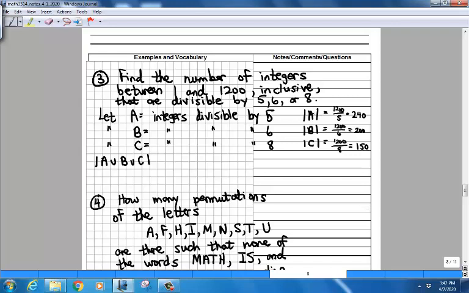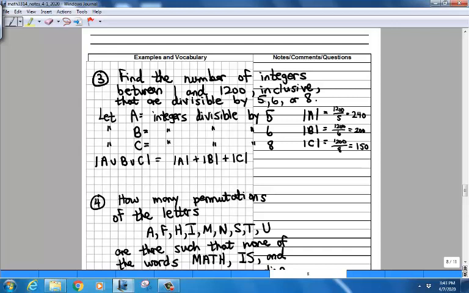So we notice the cardinalities of A and B and C. But we cannot just add those cardinalities together to find the cardinality of the union of these three sets. And by the way, it's the union of the three sets that is the answer to the question.